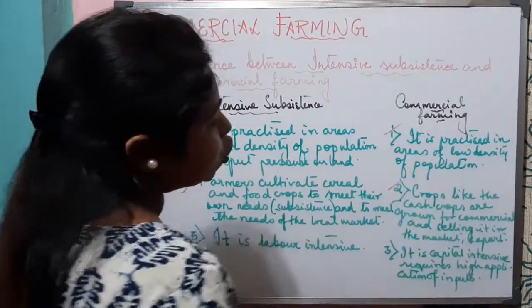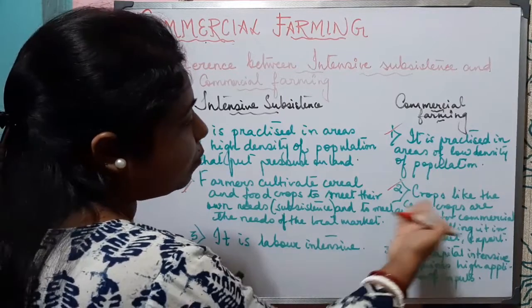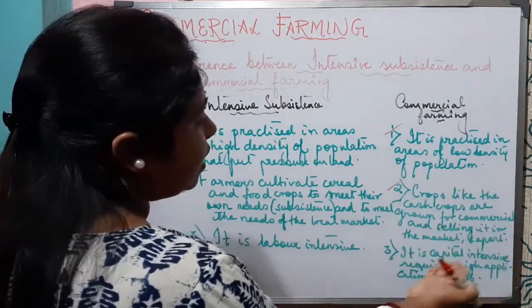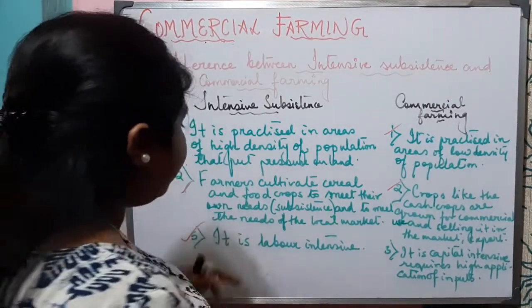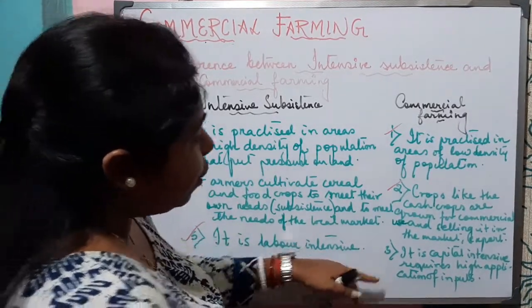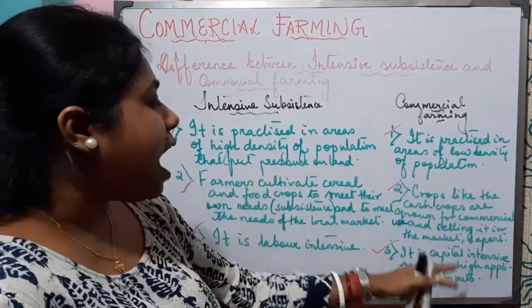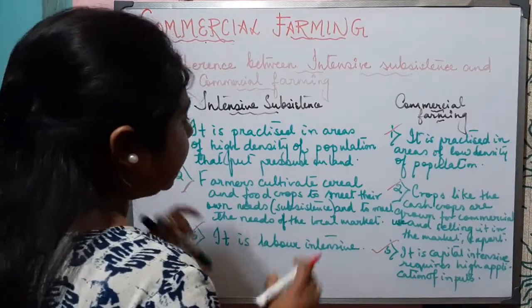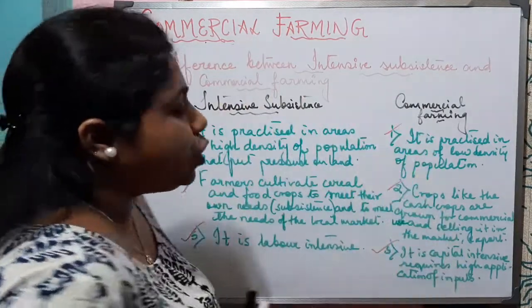And in commercial farming mainly cash crops are cultivated for commercial use, to sell in the market and to export. Now let us see what are the other differences between intensive and commercial farming.